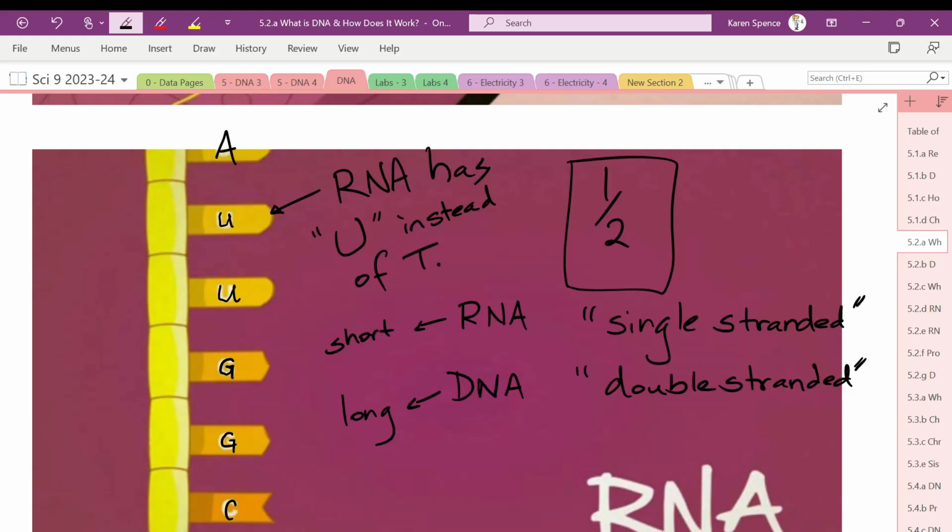Uracil was actually the first of those. We call those nucleotides. We'll come to that word later on. Okay, A, C, G, and T are called nucleotides. Uracil actually came along before thymine, because RNA actually came along before DNA.